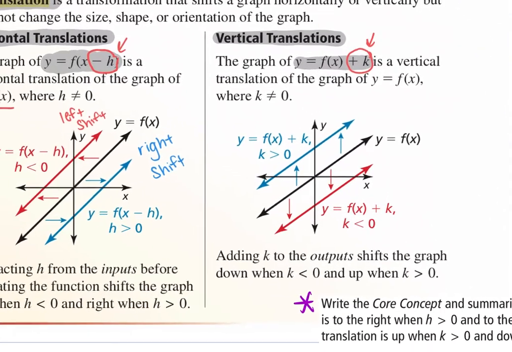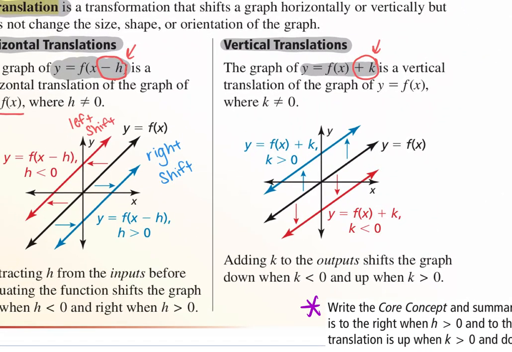So whenever you have a graph where you're adding k and your k is outside the parentheses, that's going to be a vertical translation. So in the blue, I want you to write that it's an upshift. And in the red, I want you to write that that is an example of a downshift, okay?